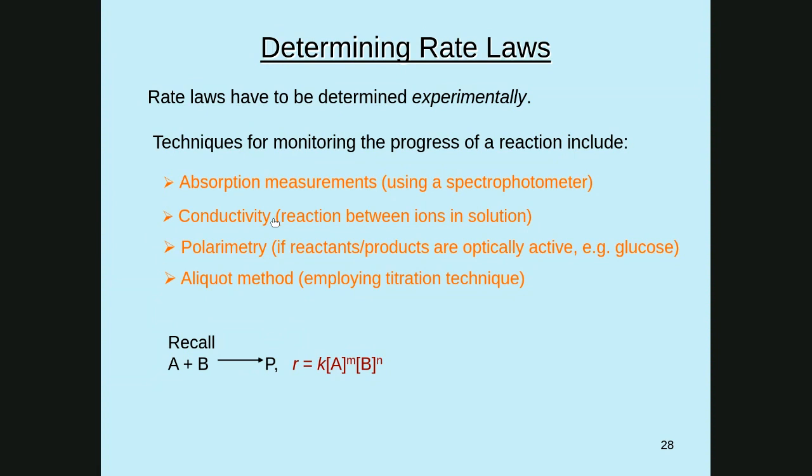You may have fast ions like hydroxide being replaced by slower ones like chloride ions, which will show up in a conductance measurement as a decrease in the conductance. So conductance measurement is a very suitable method to monitor reactions between ions in solution, provided they're slow enough that we can follow the process using a conductance meter.